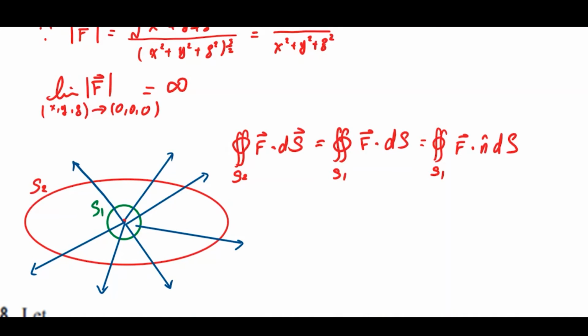Okay, now we'll stare at this. Why do I want this thing? Let's just look at this F dot n. n is a unit vector that is just sticking outside. Maybe I should throw it in. n is like this everywhere. You know what I'm saying? Because the dot product is the magnitude of F times the magnitude of n times the cosine of theta, isn't it?